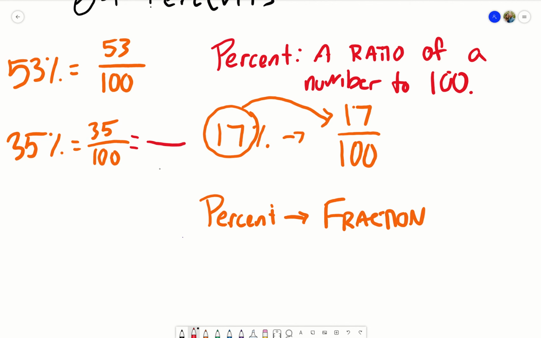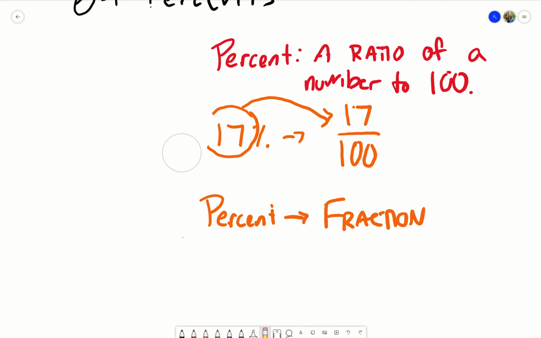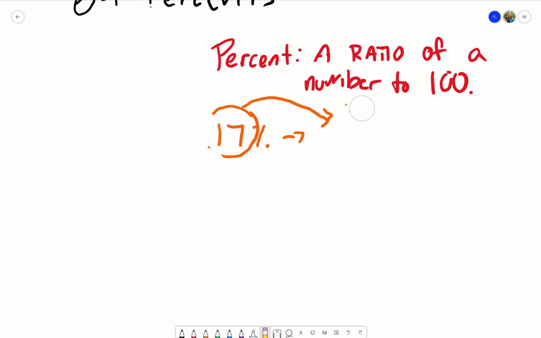Yes, this simplifies to 7/20ths. Each of these numbers here can be divided by 5, and that gives us 7 out of 20. Remember, when we're dealing with fractions, we always want to simplify. Always be simping. All right, so it is good to know that if we are wanting to take a percent and turn it into a fraction, that it is always out of 100.